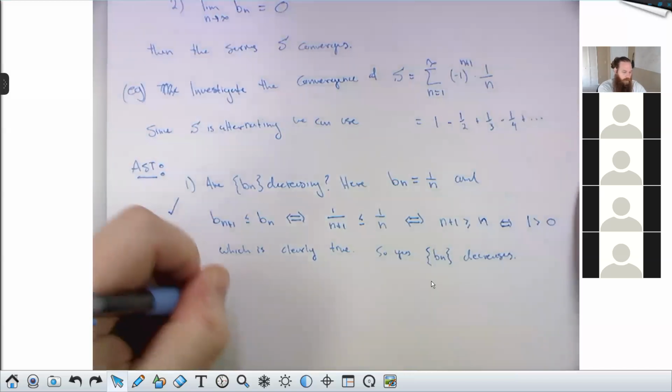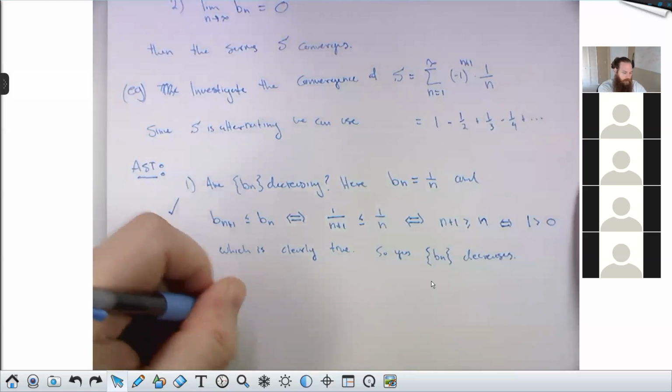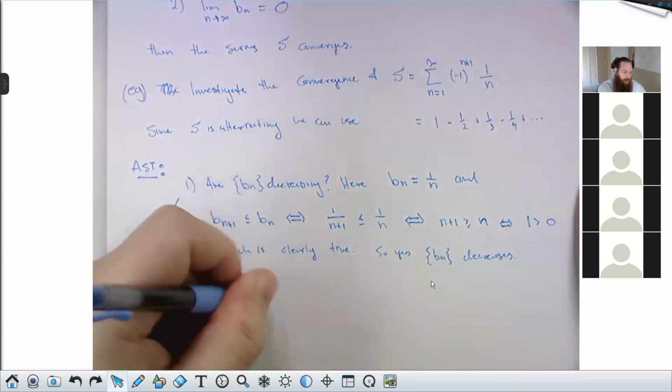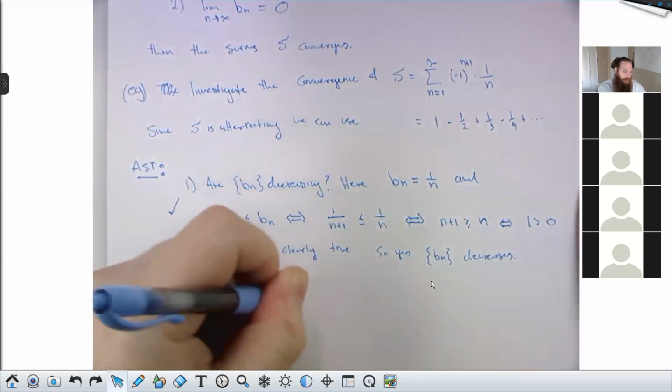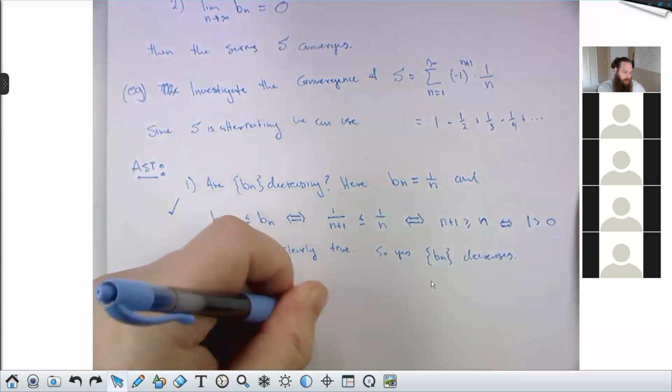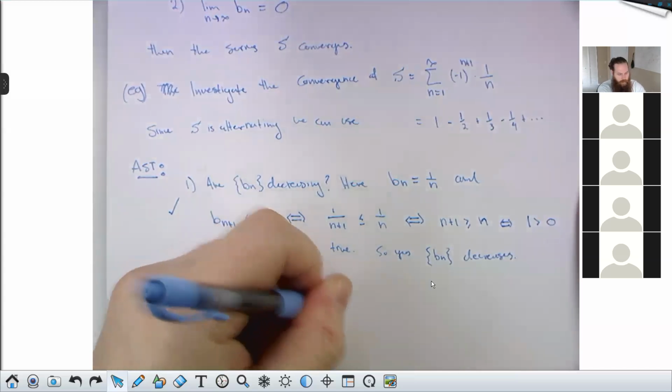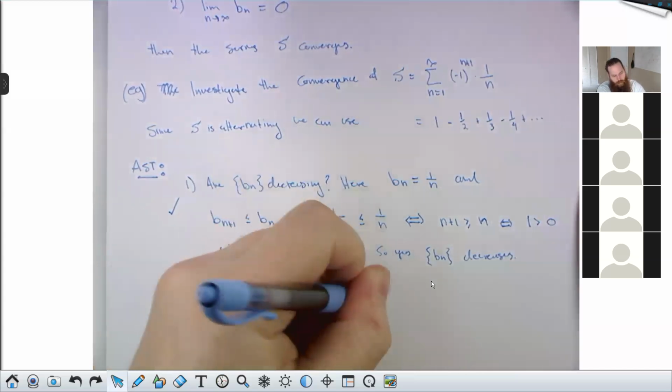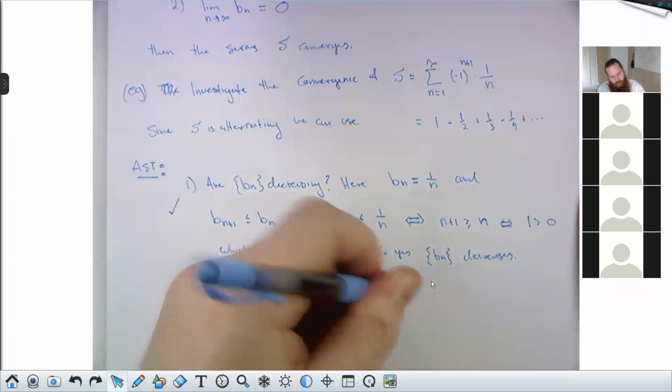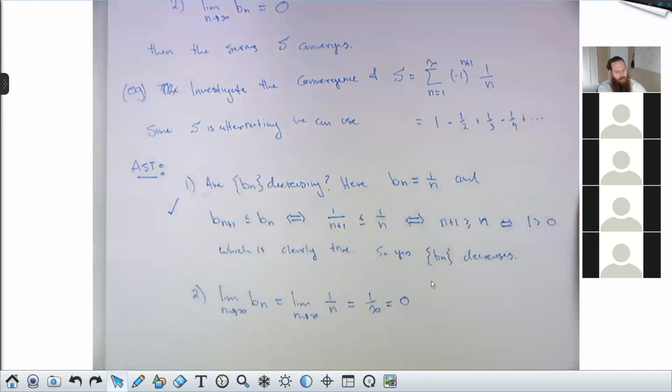Item 2, the limit as n goes to infinity of the Bn's here is the limit as n goes to infinity of 1 over n, which is 1 over infinity, which is certainly 0. So yep, the Bn's go to 0 as well.